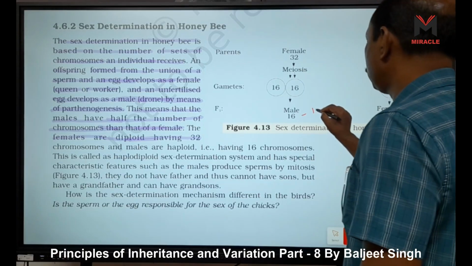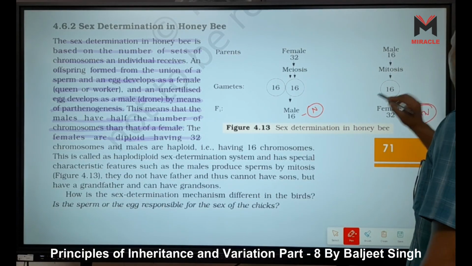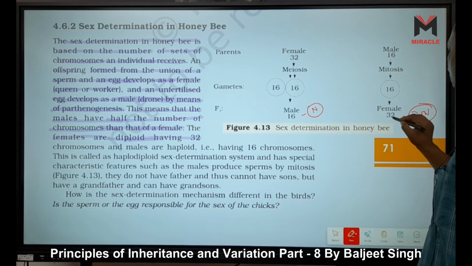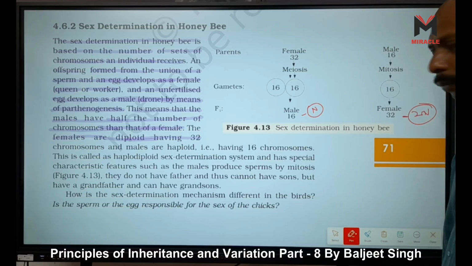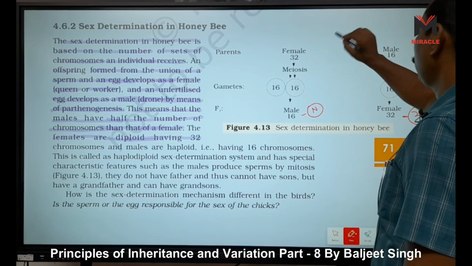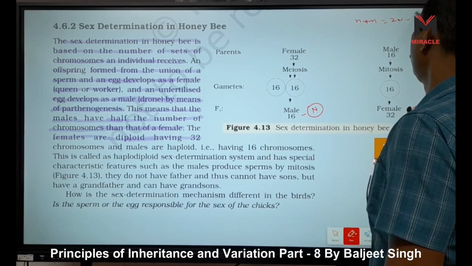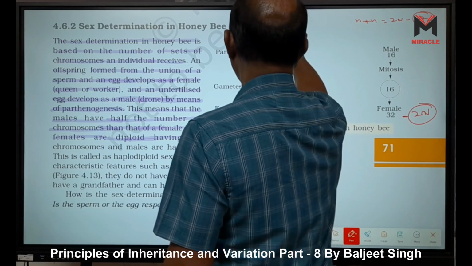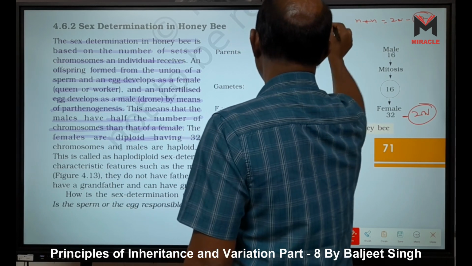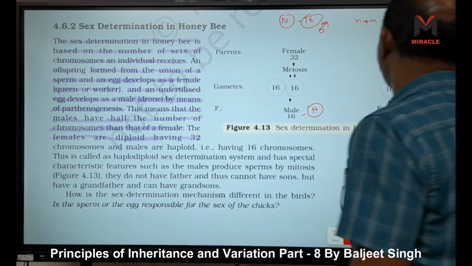That's why only n is there in the male. How does the female get 32? Because after fusion, n becomes 2n, which means 32, and it develops into a female. Because the male is unfertilized, it has only 16 chromosomes. These develop into males, right?